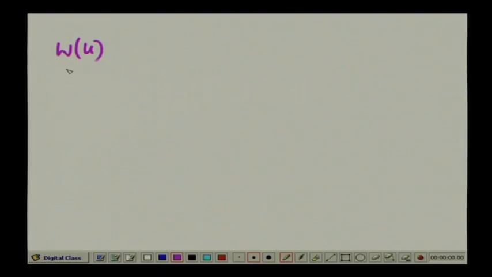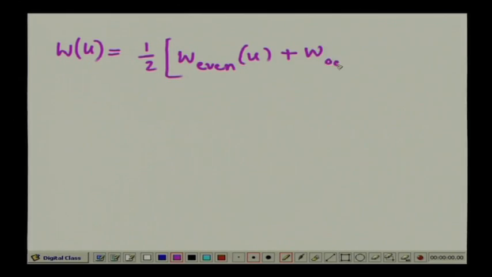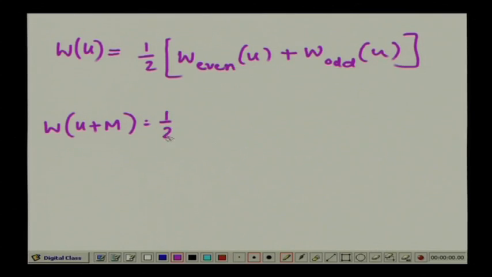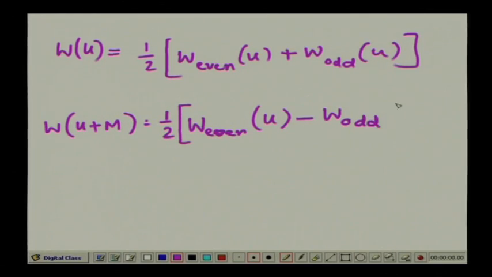I can write W(u) is equal to half of W_even(u) plus W_odd(u), and W(u plus M) is equal to half of W_even(u) minus W_odd(u).